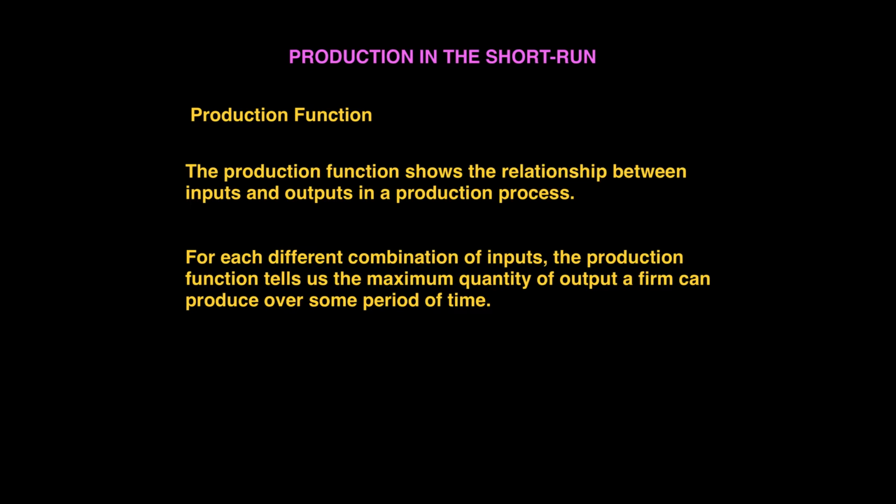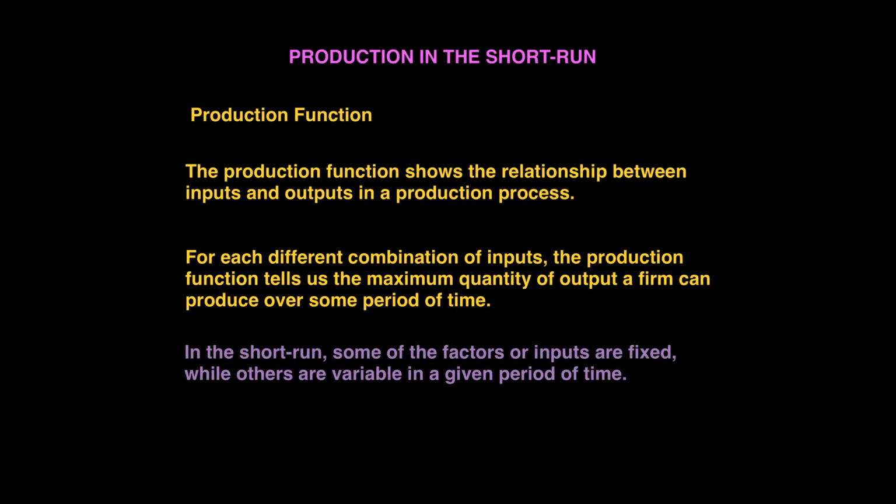Now, when we look at production in the short run, we say some factors of production like labor or land or capital could be fixed, while other factors can be what we call variable. Typically, labor is assumed to be a variable factor in the short run, while land or capital can be fixed in the short run.